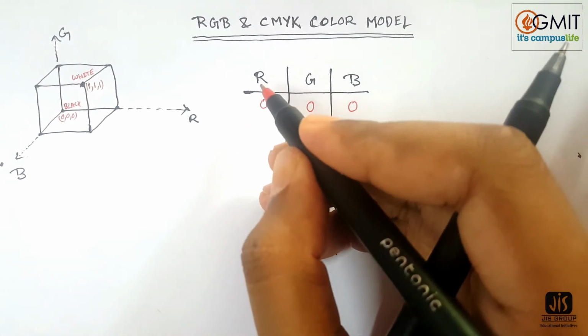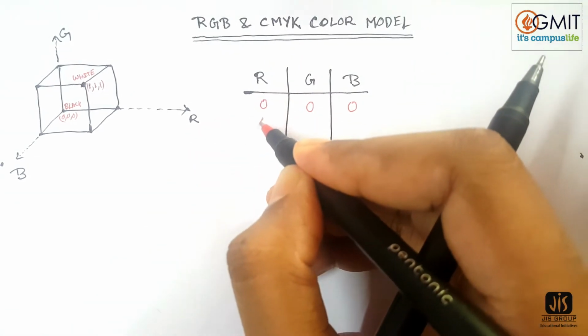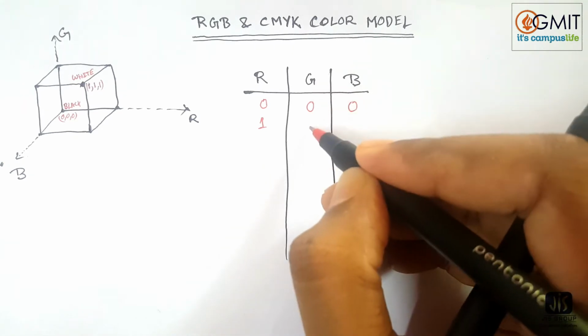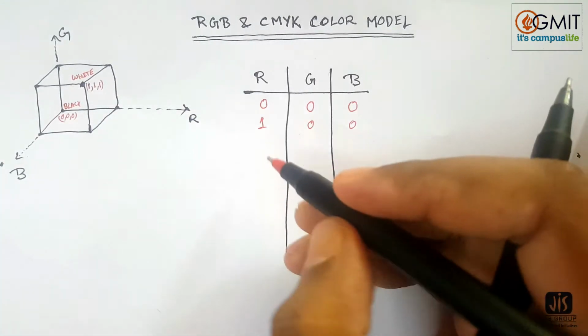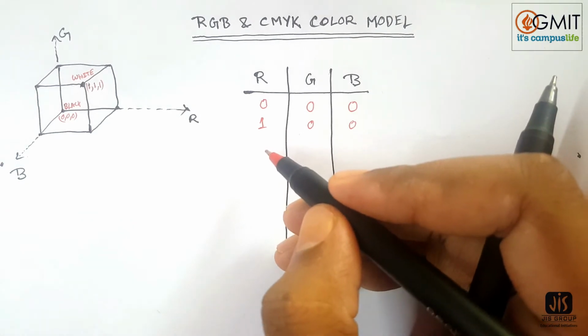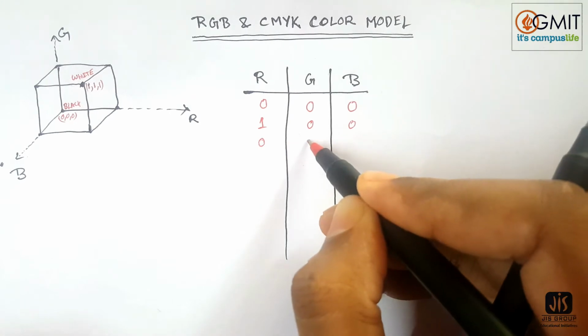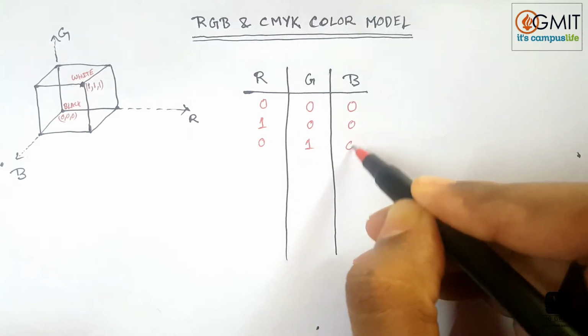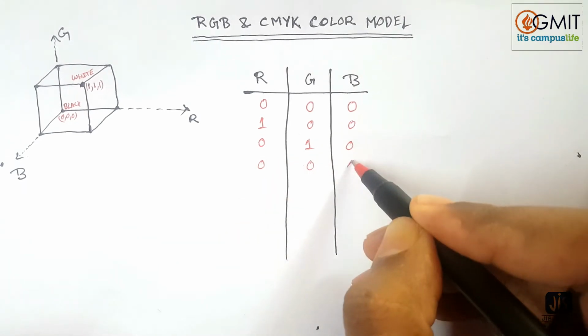Suppose I want to show only red color. Then red must be on, meaning 1, and green and blue must be off. Clear? Now suppose I want to show green color, that means red should be off, this is on and this is off. And for blue color, yes or no?